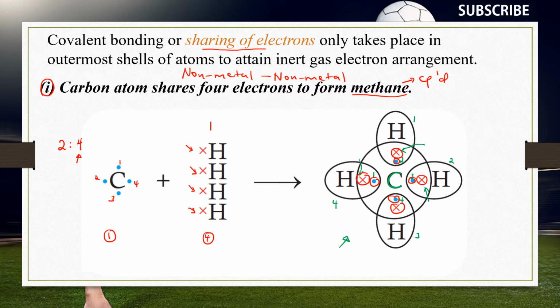So in this case, the electronic configuration of carbon will be fully filled because it has 8. However, hydrogen, which had 1, will now have 2 in the outermost energy level: 1 from itself, this red one, and then 1 from the carbon atom, giving each hydrogen atom 2 electrons.